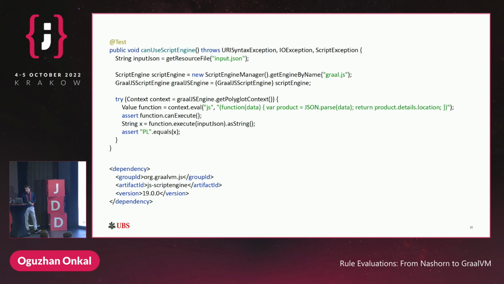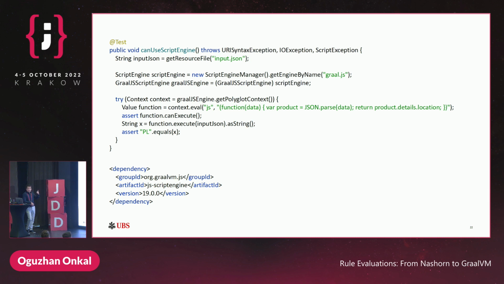Now, another way to access GraalVM JS is using the old style coming from Nashorn. This syntax could be especially useful if you want to migrate from Nashorn to GraalVM JS, because here you leverage the script engine manager again. Assuming that you added GraalVM JS to your project as a dependency, you can access the engine using the graal.js name.